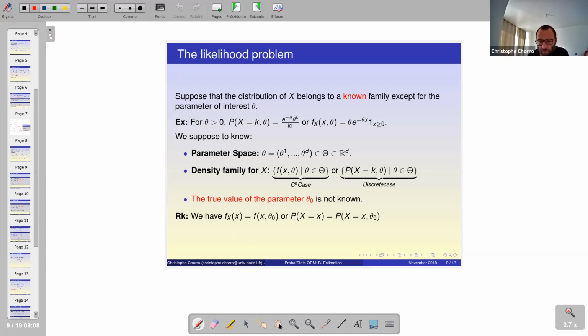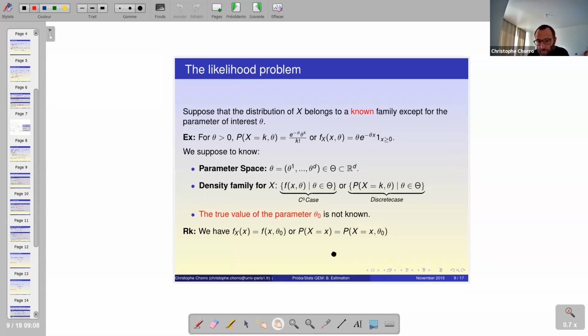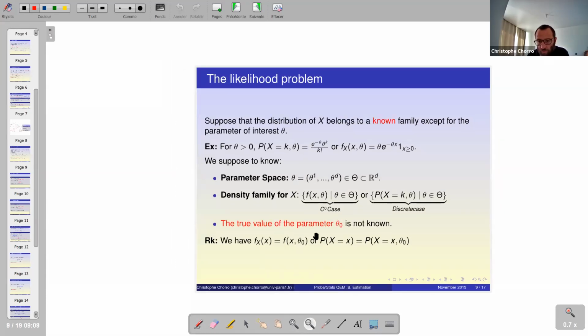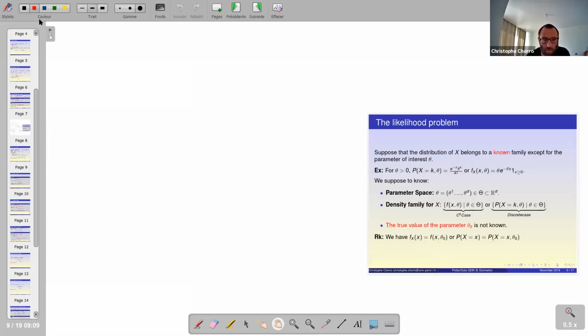So we are going to suppose that even if I don't know theta, so theta is unknown, I know the set on which theta can take values.